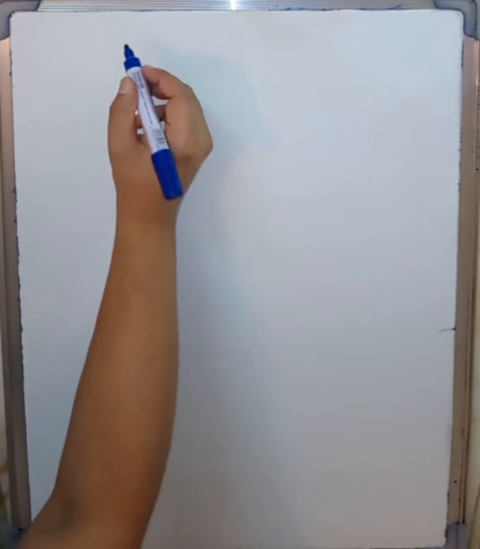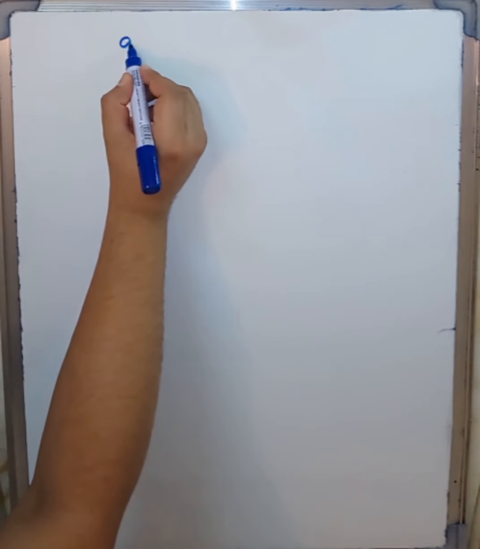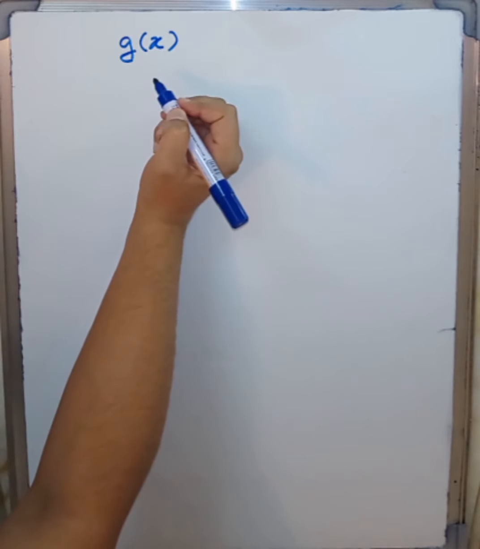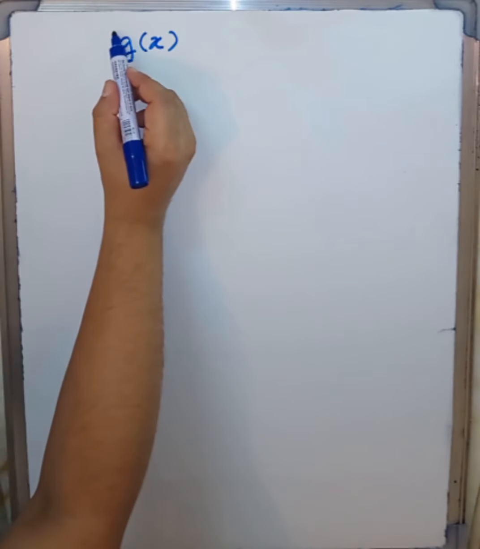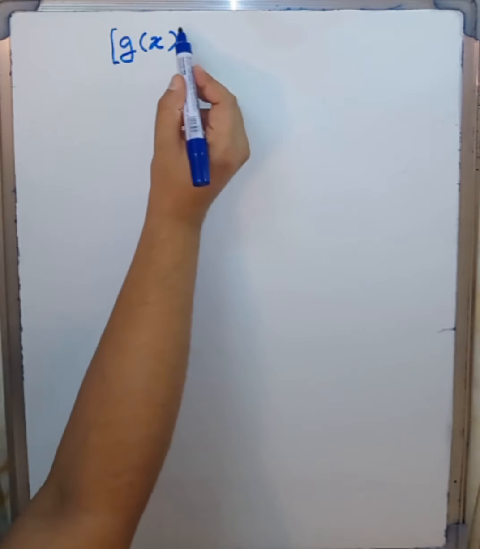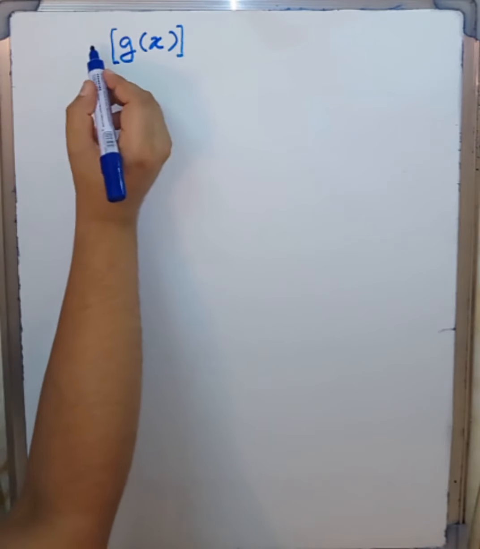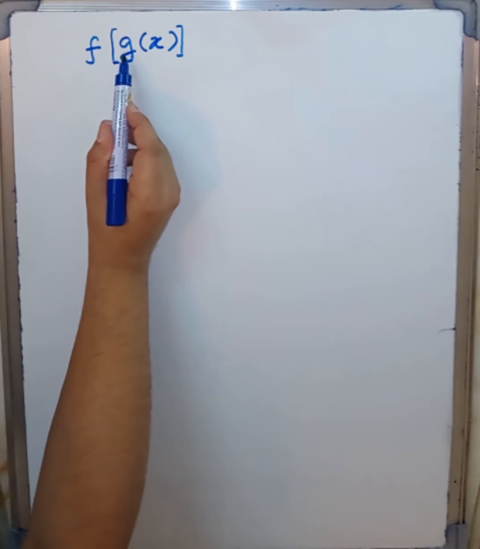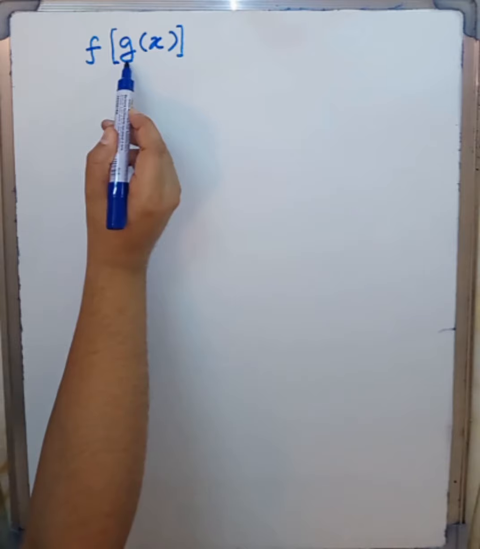Today we will discuss differentiation of composite functions. Suppose we have a function g(x) and another function f operates on the function g.